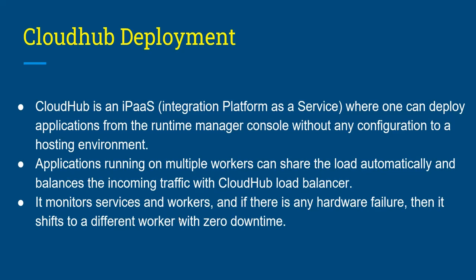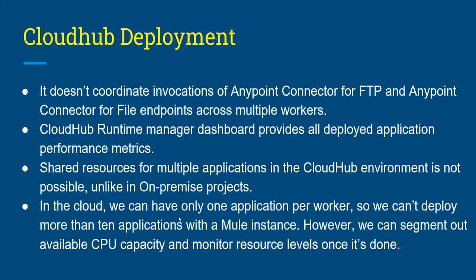For example, if your application is deployed in Cloudhub and 10,000 users are accessing your application at a time, one Mule runtime instance cannot handle all 10,000 requests. In that case, it will share the load with another worker instance. It will take 5,000 requests on one instance and 5,000 requests on the other, so that the processing speed and response speed are also increased. Like that, it will balance the load.